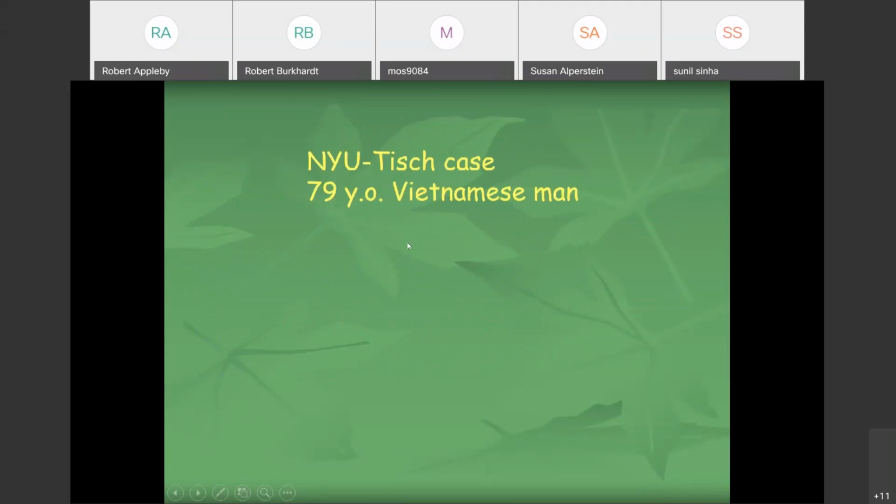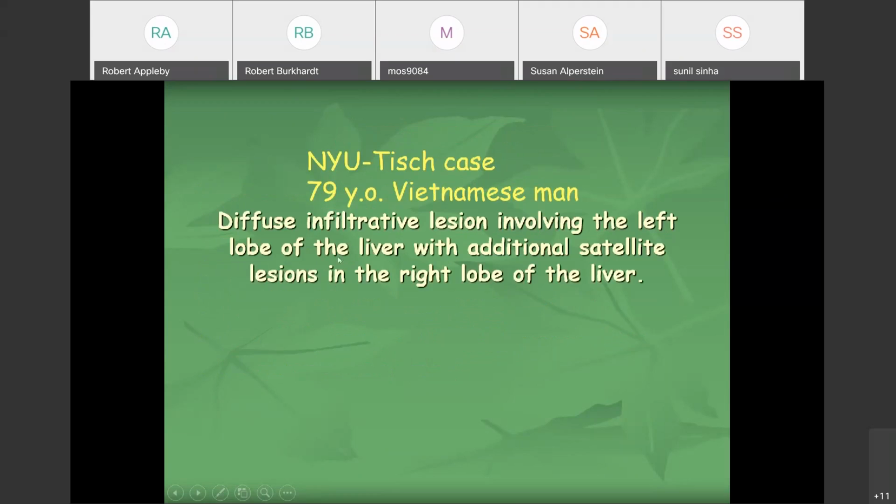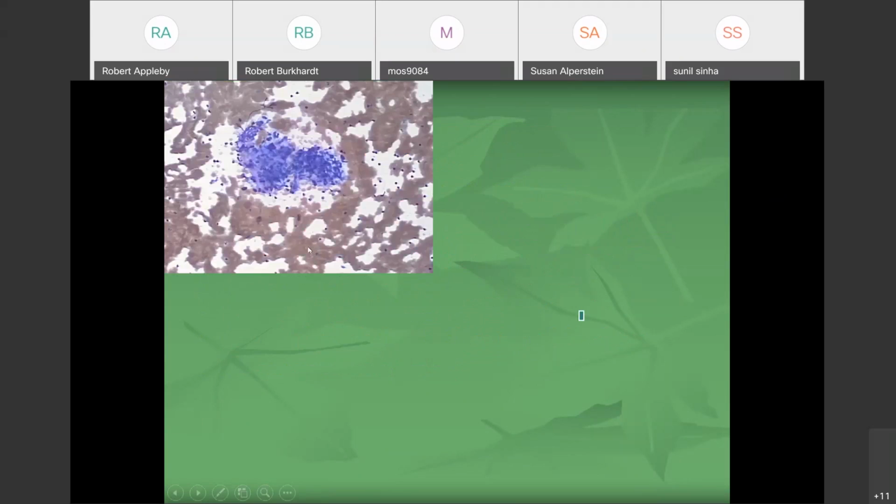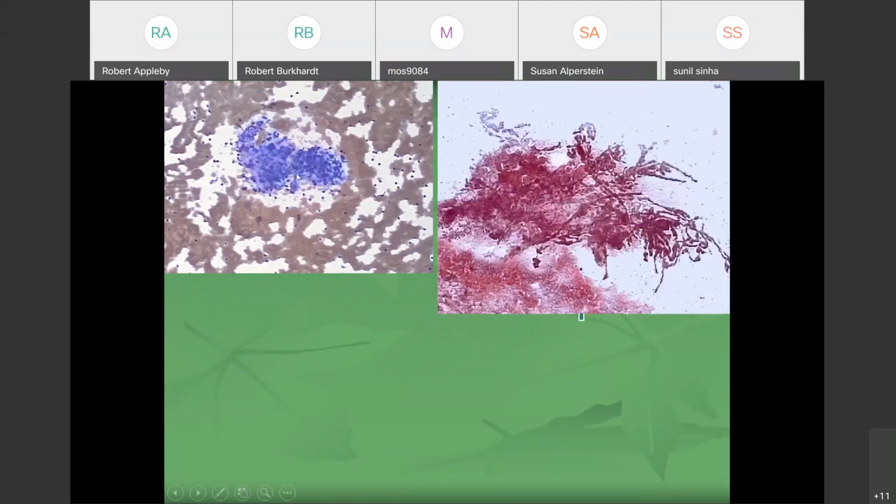Here's a case I signed out. Diffuse infiltrated lesion involving left lobe with satellite nodule at the right lobe. FNA is direct transabdominal FNA of liver. See, it was very bloody and there's some weird stuff.